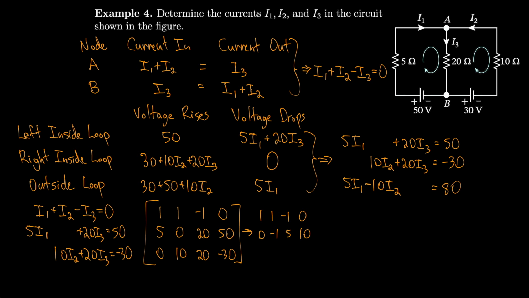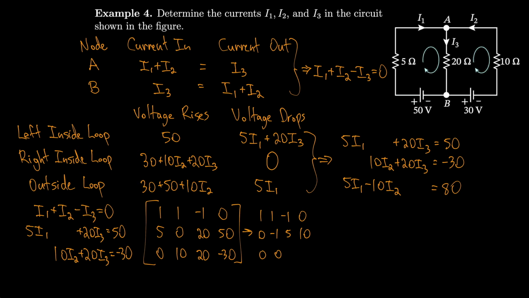I'll just subtract 5 of this from this one to get a 0 underneath. And I already have a 0 over here, but I could take 10 of these guys and add it to this to cancel out this 10, so I can get a 0 underneath this in anticipation of making that into a leading 1.